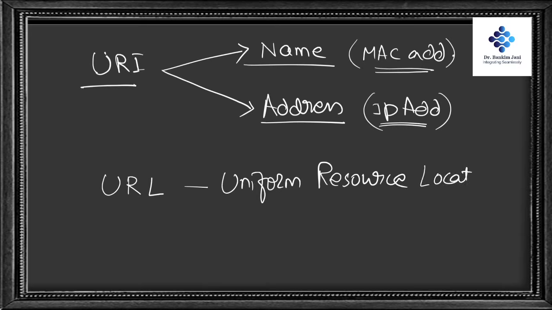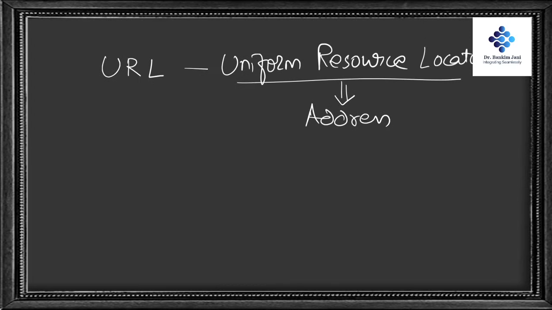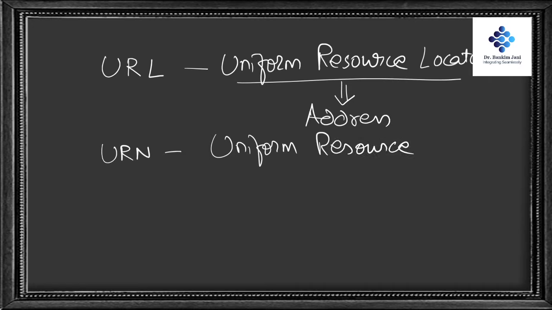When we talk about Uniform Resource Locator, this means that it is talking about only the address. And when we talk about URN, you must have guessed that this is Uniform Resource Name.